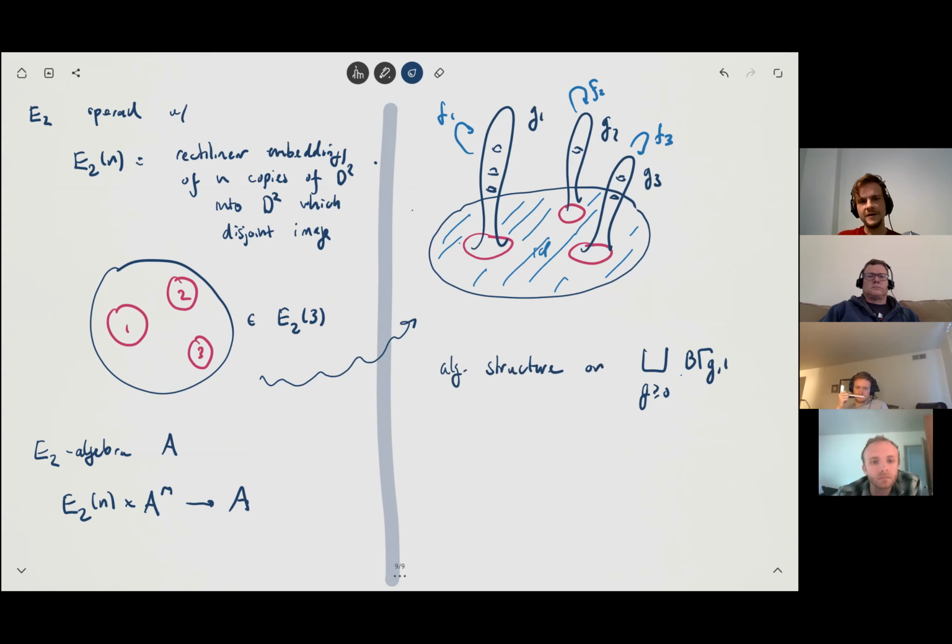Now, what the usual homological stability argument does is that it extracts from this the multiplication by a fixed element of BG_{1,1}, together with the fact that this is somewhat commutative. But maybe it's fruitful to use this entire algebraic structure that's around. And that's really necessary to prove these higher order stability results.